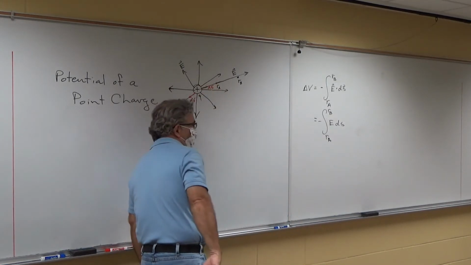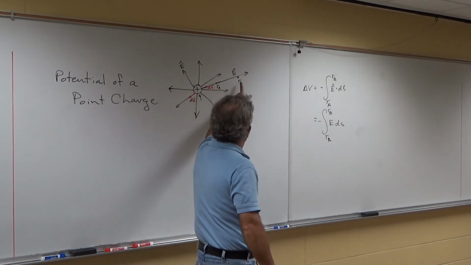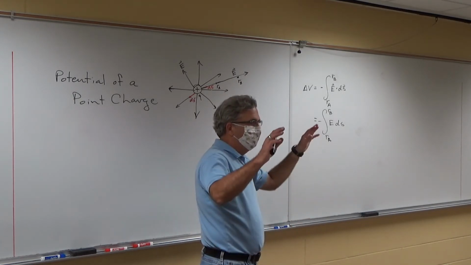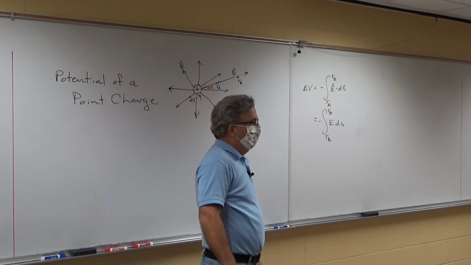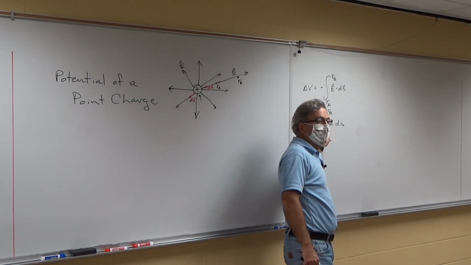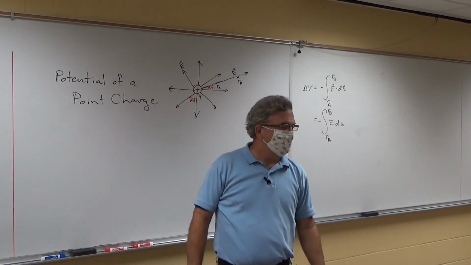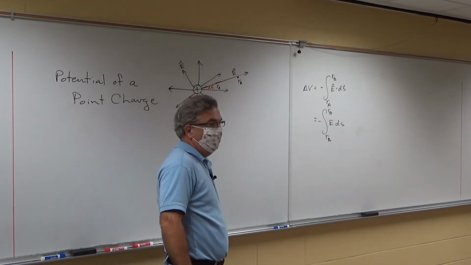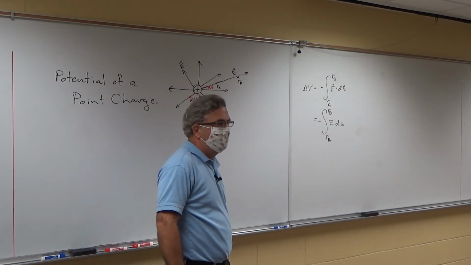This is the only point charge in the universe, and as you move away from it, the field falls off like 1 over r squared. The field's getting smaller and smaller as you move away. And I can't just pull this E out of the integral. It's not a constant. It depends on S. Since S is my radial vector, it's going to depend on the distance I am from the charge.